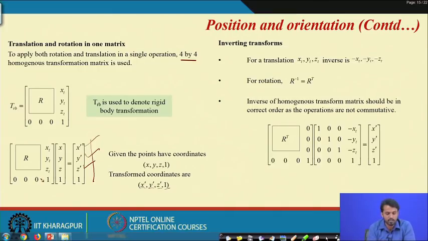So if we consider this matrix as the homogeneous transformation matrix, then we can put minus XT, minus YT and minus ZT in the inverse matrix, and this R should be represented as R transpose. But in this particular matrix, the order must be maintained. That means the translation and the rotation are not commutative, so the rotation should be followed by the translation.